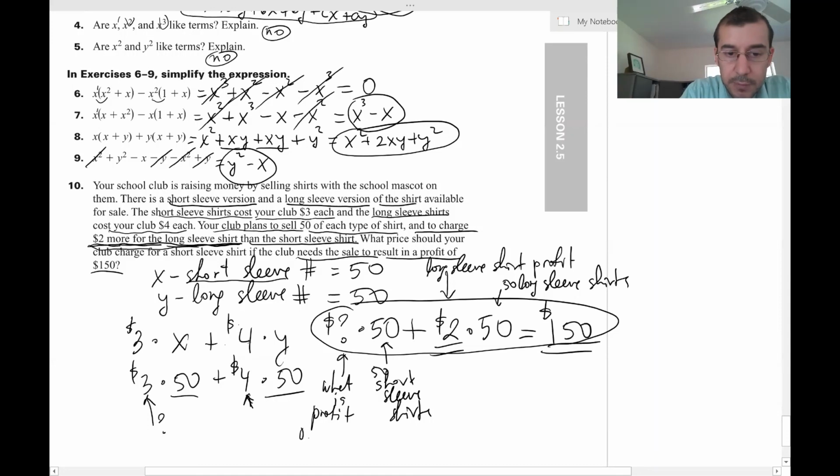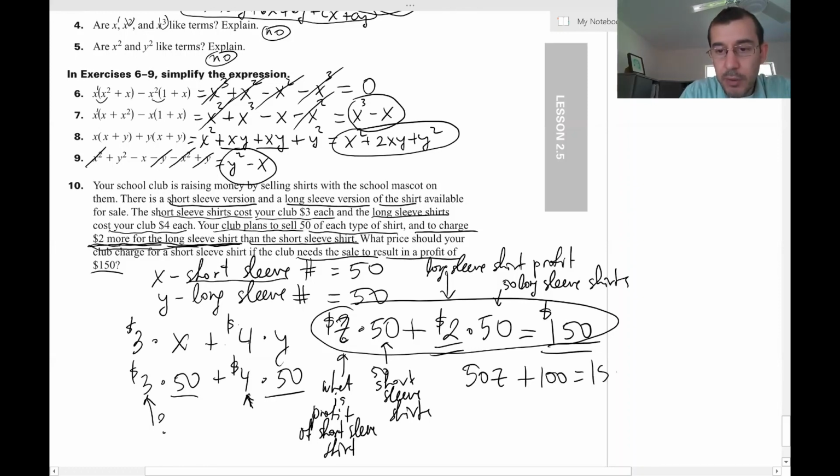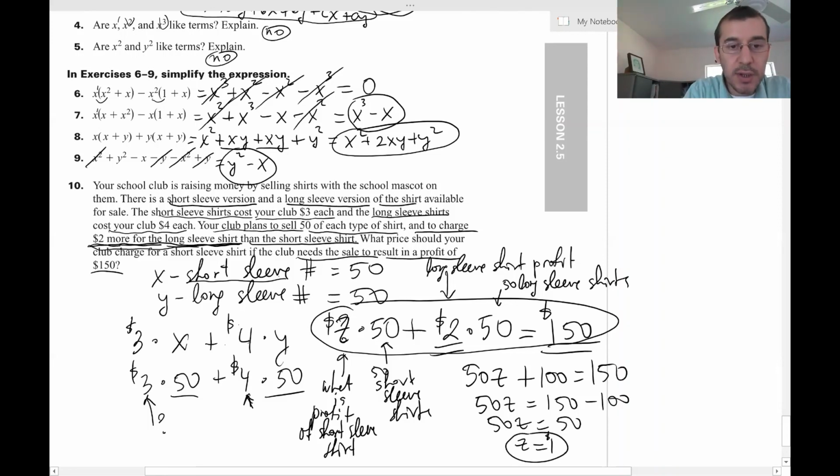What is the profit of a short sleeve shirt? Okay, and we can just say Z here. So if this is Z, then we have 50 times Z, so 50Z plus 2 times 50 is 100 equals 150, or 50Z equals 150 plus 100. When it moves to the other side of the equation, it will be minus 100. So 50Z equals 150 minus 100 is 50, so Z is 1, right? So $1 profit. We have to have $1 profit from the short sleeve shirts.